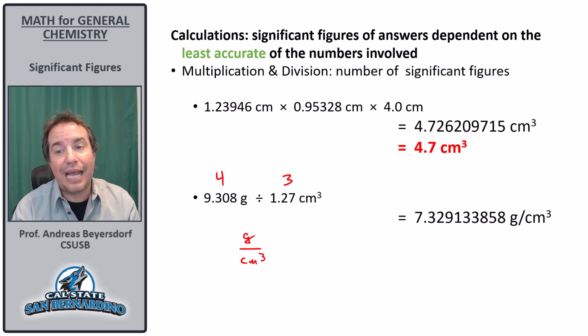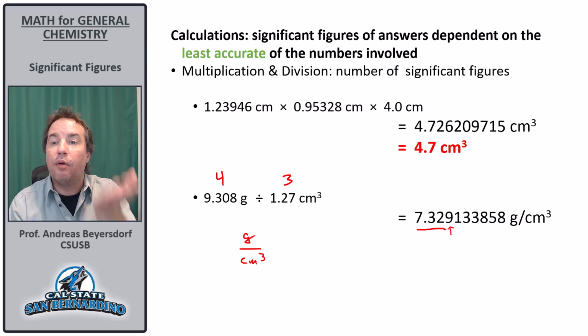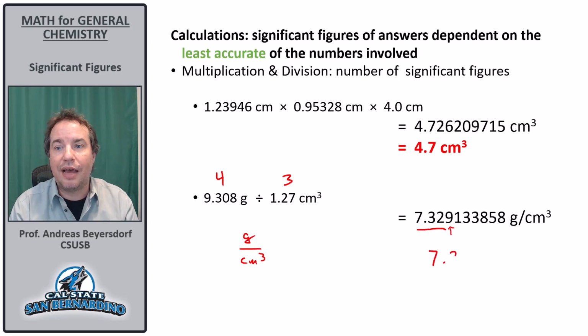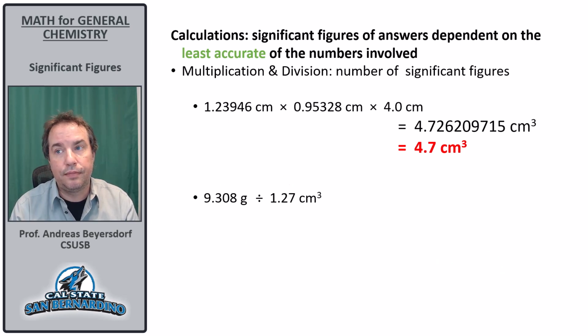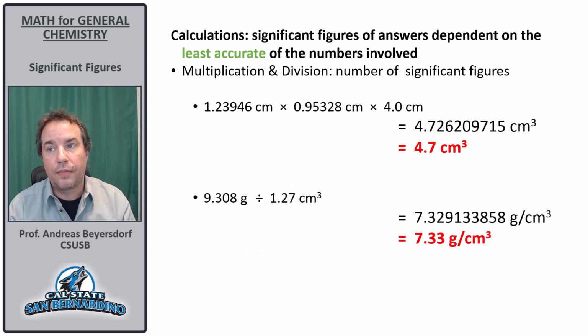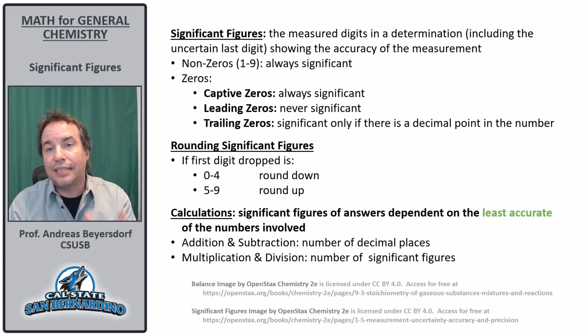So therefore, my answer should only have 3. So I'm going to keep the 7, keep the 3, keep this 2. But notice the next one is a 9, so I round up. So I get 7.33 grams per centimeter cubed. All right, so that is how we do calculations with significant figures.